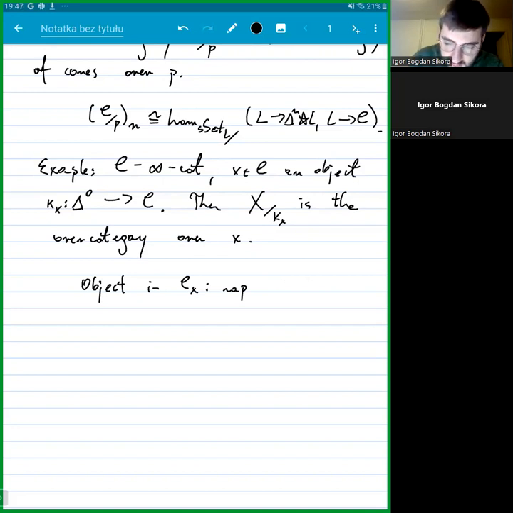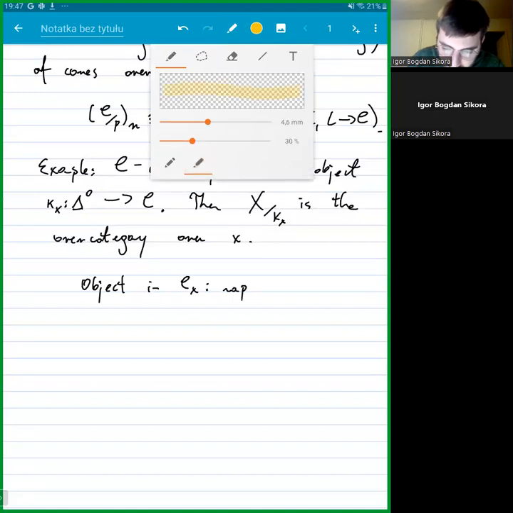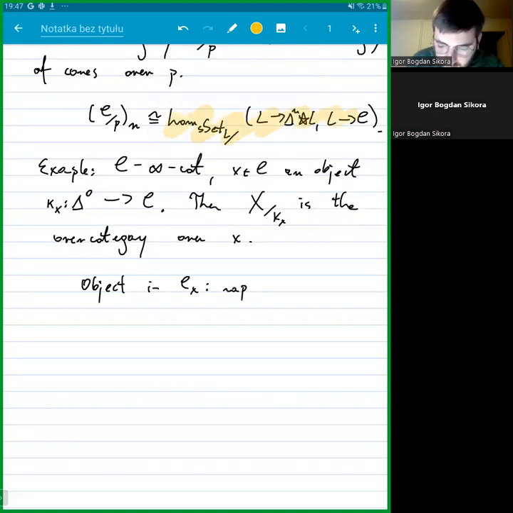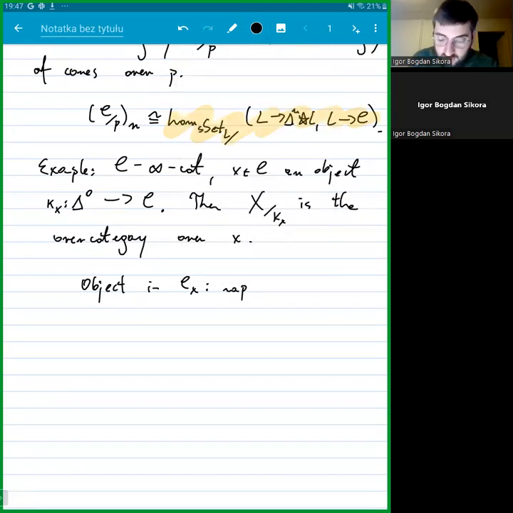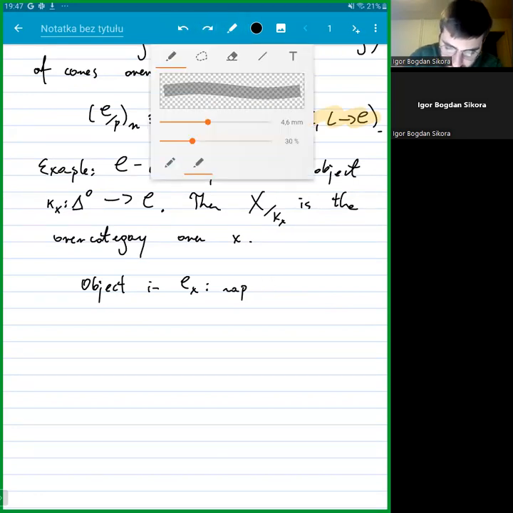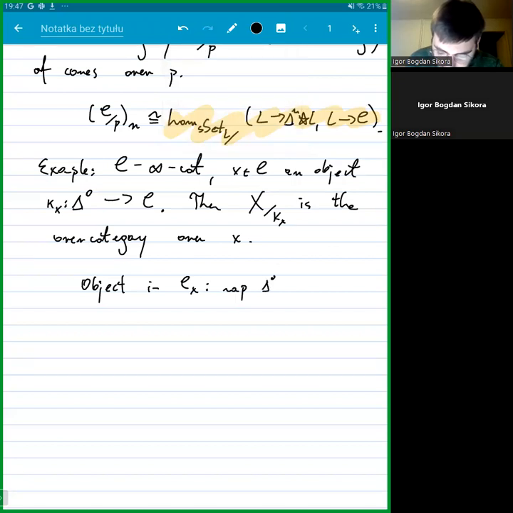using this description above, the one over here, we can actually write what an object is here. So an object is a map from a join of two zero simplices, which is equal to one simplex, such that its D0 is equal to X. So its target is equal to X. And what are maps in this category?